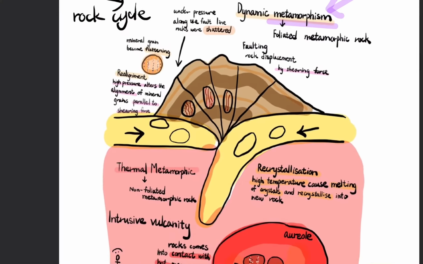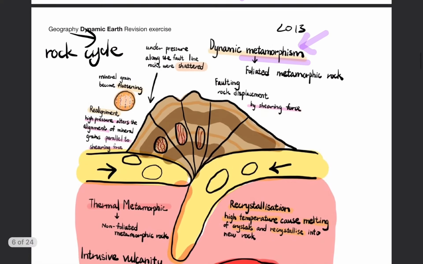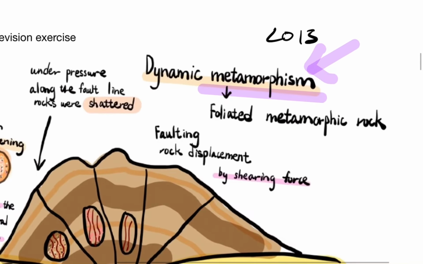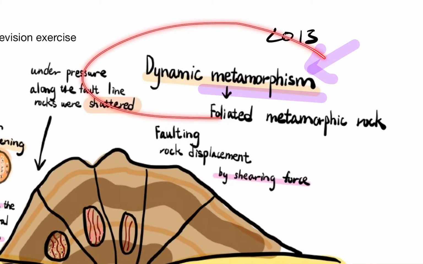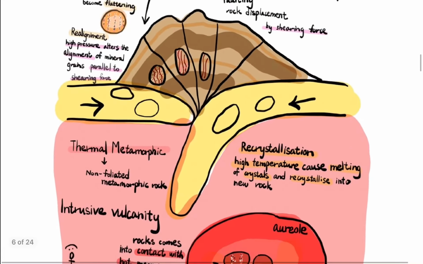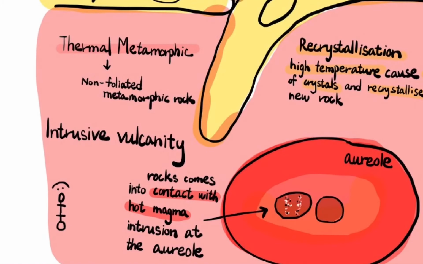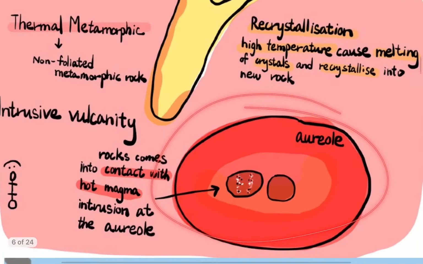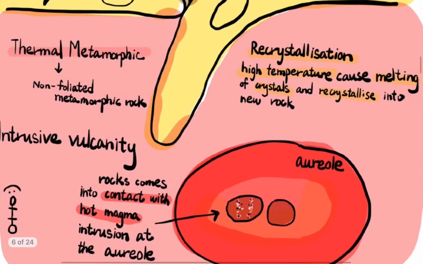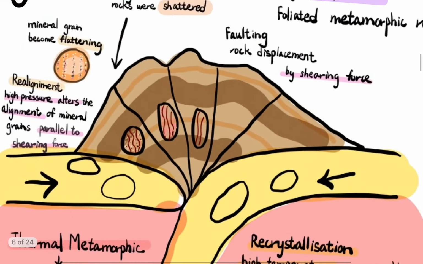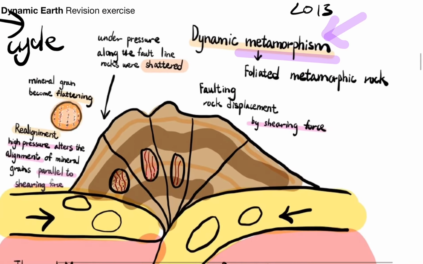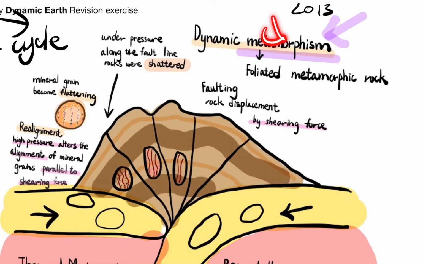We have two different actions of the metamorphic rock. This is by the dynamic metamorphism. Then is the intrusive volcanicity by the aureole.